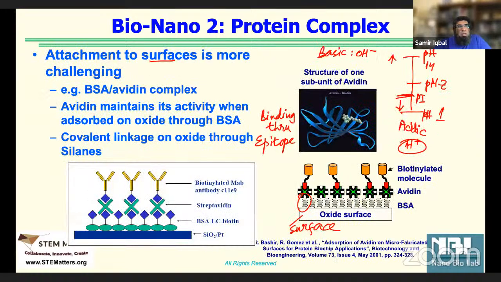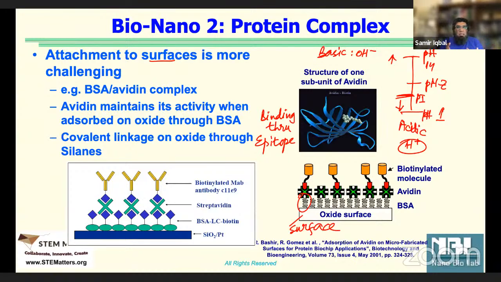All right, so what do we use? In a lot of literature, or the earlier literature, you will see BSA and avidin being used. BSA is bovine serum albumin, and there is the albumin and avidin complex. And there is biotin, they are vitamins.